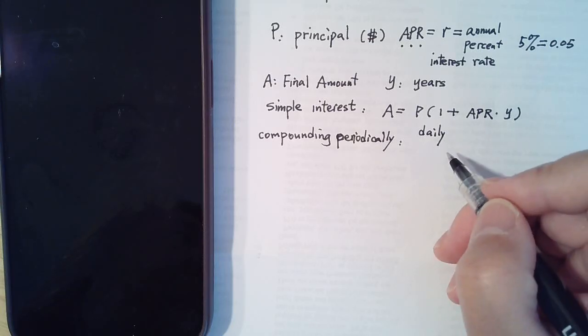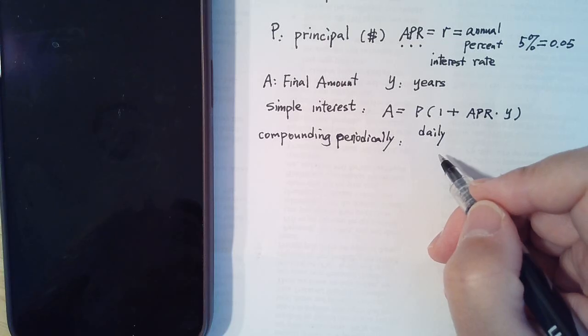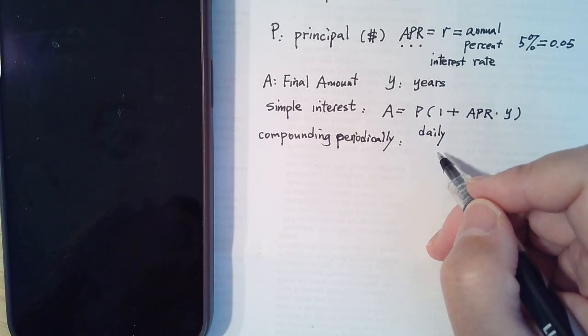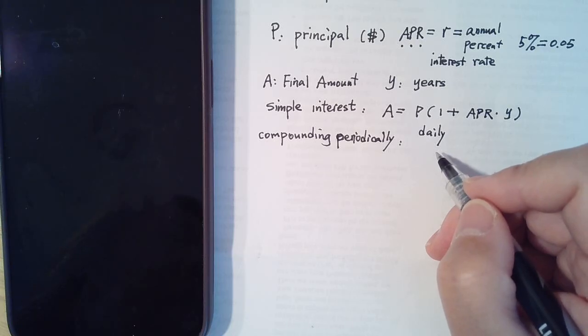And the second day, the bank will pay you the interest based on your principal plus the interest you earned on the previous day. And then on day 3, they're going to pay you the interest based on your principal plus the 2 days of interest you earned already.